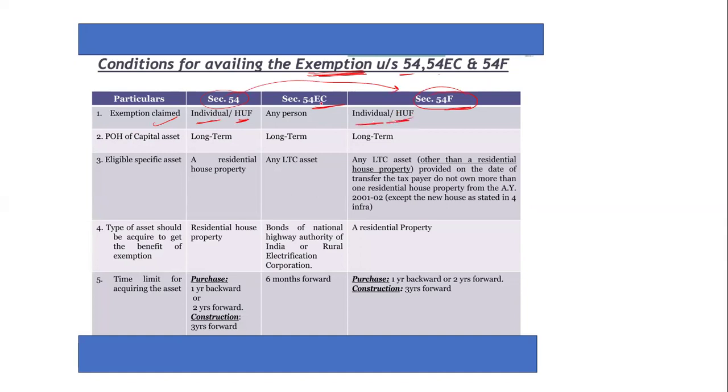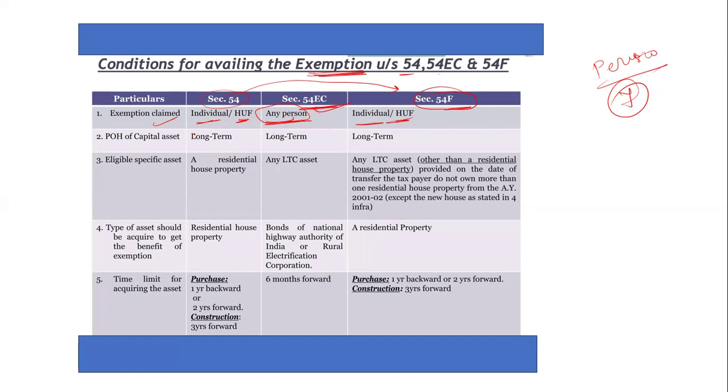Now what about 54EC? Any person. In the definition of person in the income tax law, seven persons are given. So individual and HUF, and other than that any person is eligible to claim this exemption.